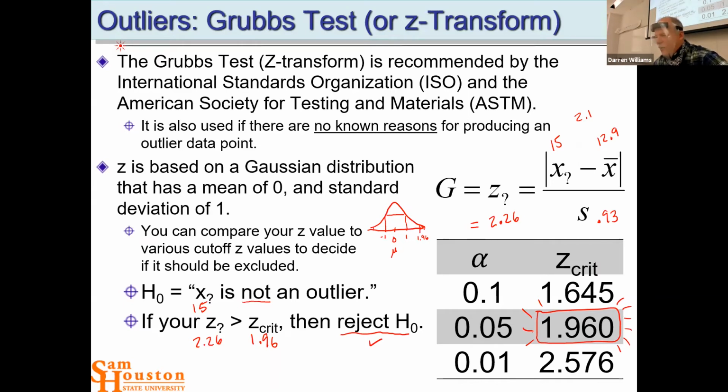And our data point came in at right about here, 2.26. So we're calculating what this Z value is, the Z for our questioned data point. If it were less than 1.96, it would be inside this curve, right? But it's above 1.96. And so we're saying it's really less than a 2.5% chance that it would be that high.